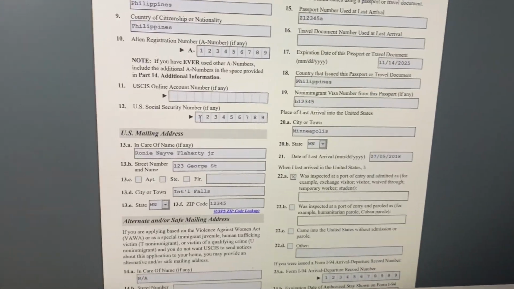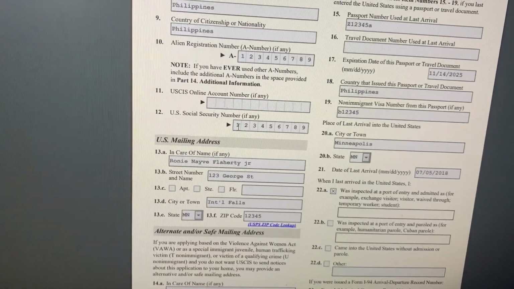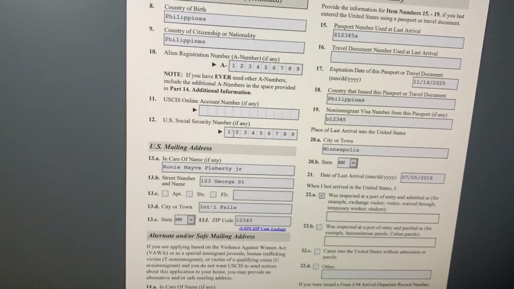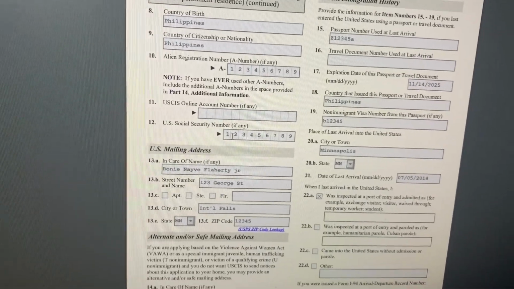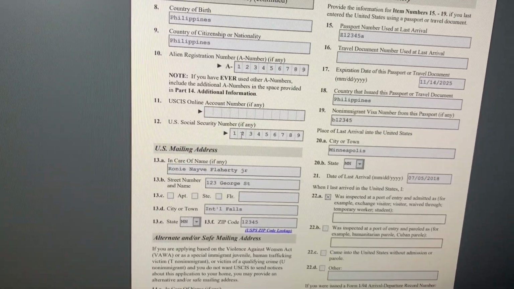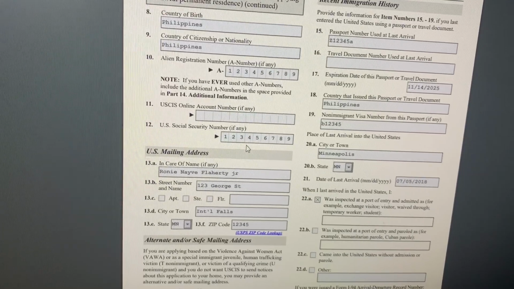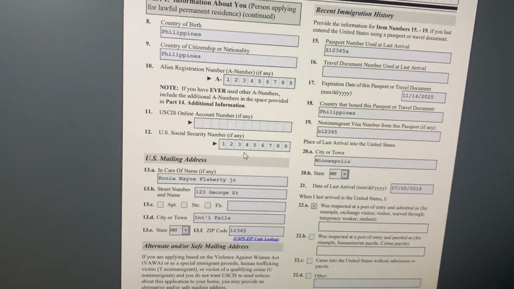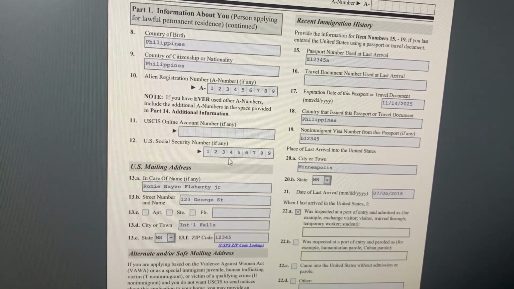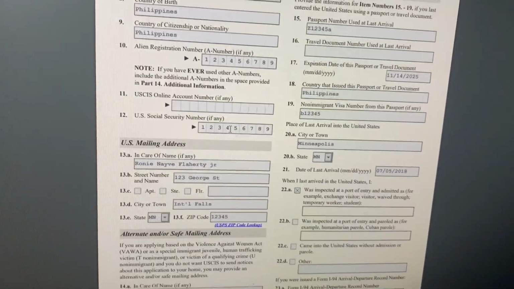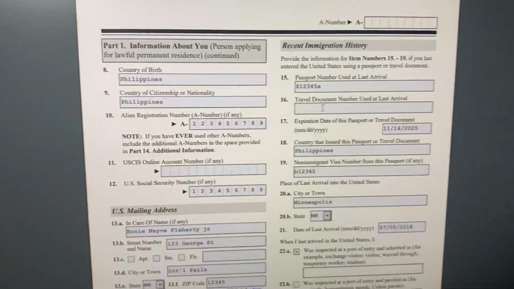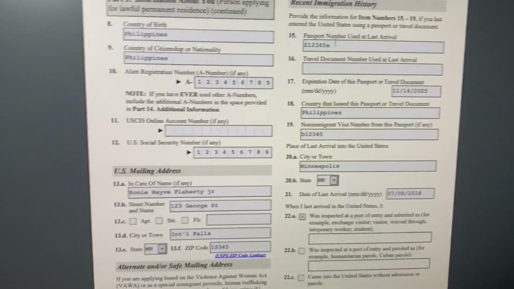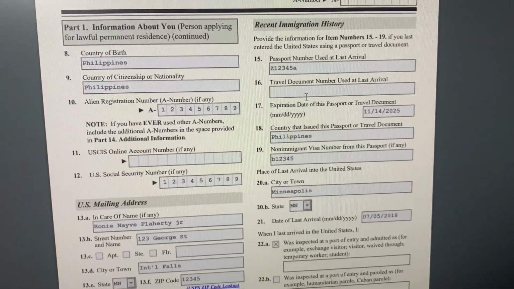What I did is, after we got married, I filed for my social security number, and after almost 10 days I received it. So it's better to apply for it after you got married, not before, not in your single name.